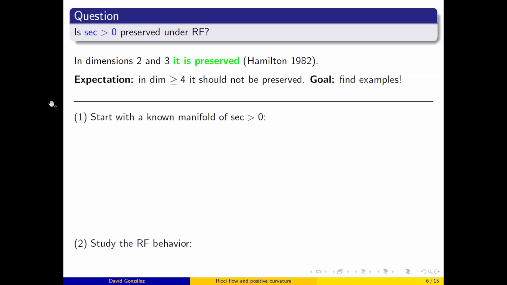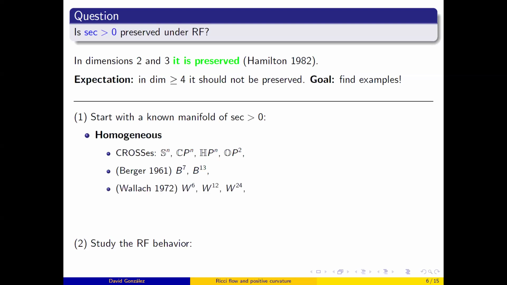So let me review the known examples. It is really hard to construct an example of positive curvature. We just have a few. So the idea is to work with one of the existing examples. We have some homogeneous examples. We have the compact rank 1 symmetric spaces, so spheres, projective spaces, and the Cayley plane. Then Berger constructed two spaces.